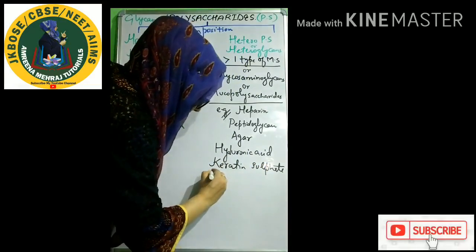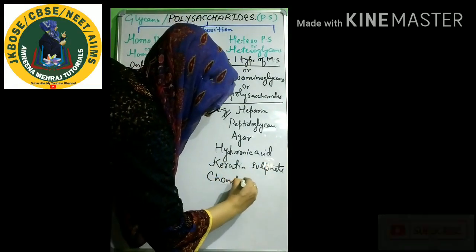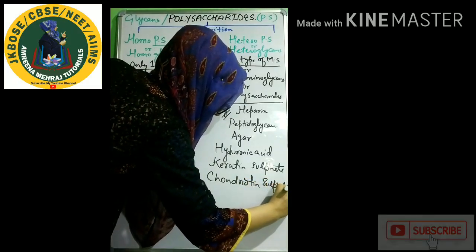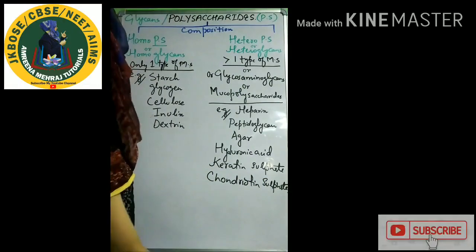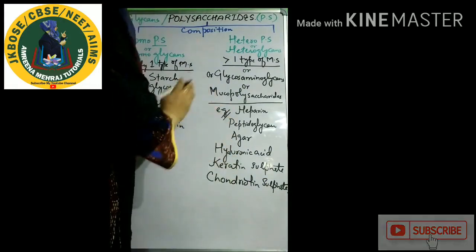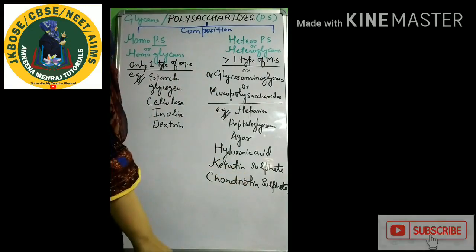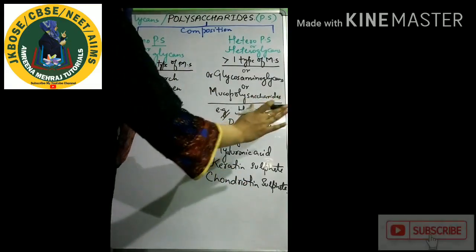Another example is hyaluronic acid. Another example is keratan sulfate. Another example is chondroitin sulfate. So these are some of the examples I've given you for heteropolysaccharides. We have to go into the detailed structure of these heteropolysaccharides also. I'll take that up ahead.